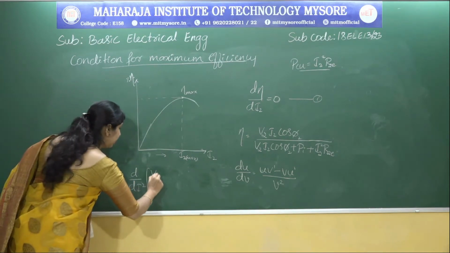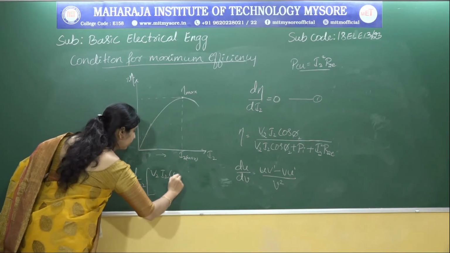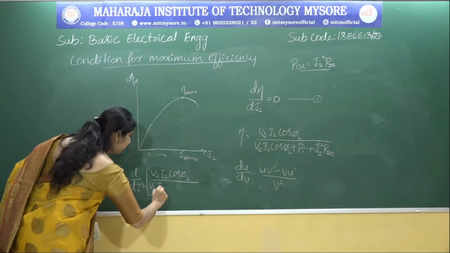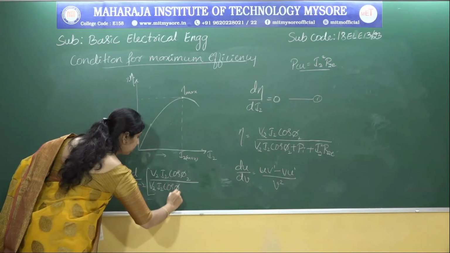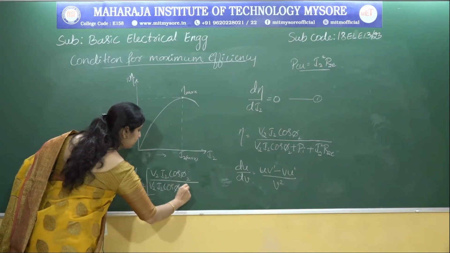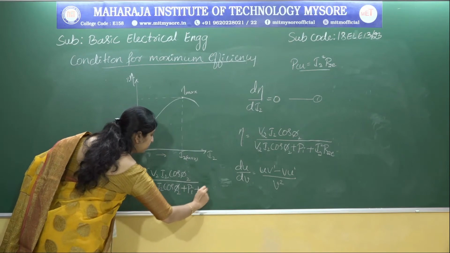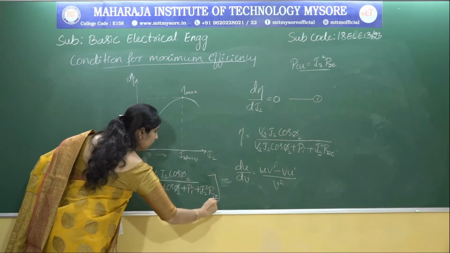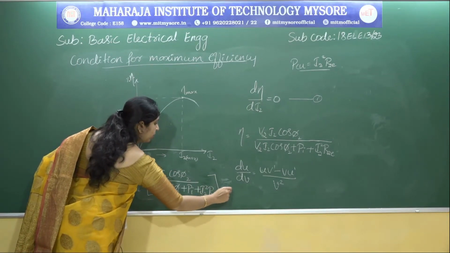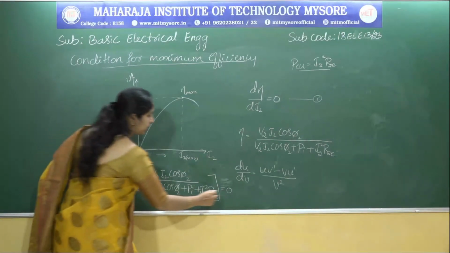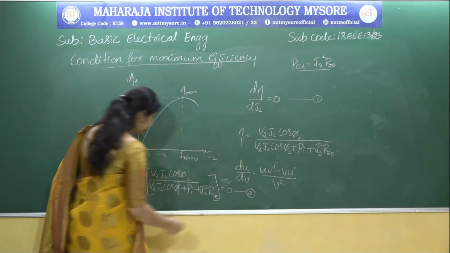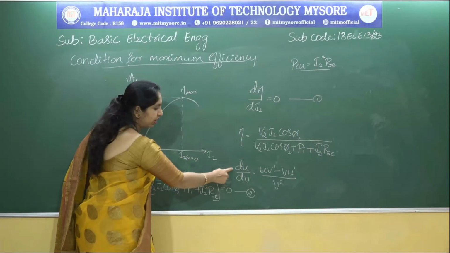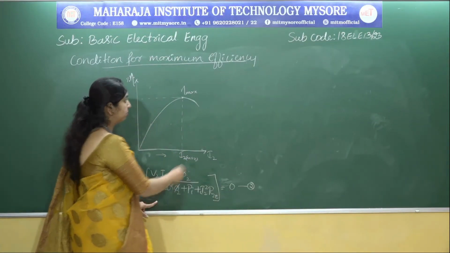Eta is V2 I2 cos phi 2 divided by V2 I2 cos phi 2 plus Pi plus I2 square into R2E, and we are equating this to 0. Let us call this equation 2. Now we need to simplify this expression according to the quotient rule.